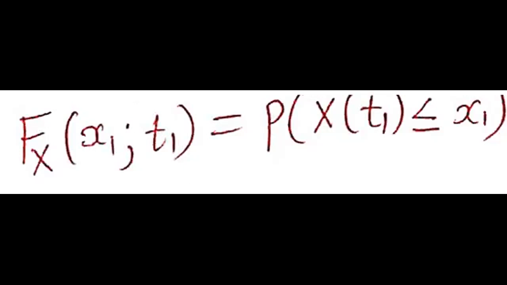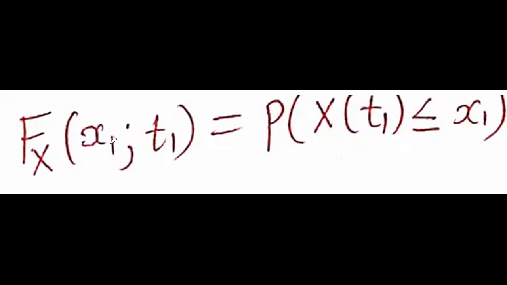So here x1 is represented like this. x1 is equated with X(t1), and now this is the formula to calculate the distribution function of a random process X(t), right? You see, it is very similar to the distribution function which we had seen in the first unit, right?